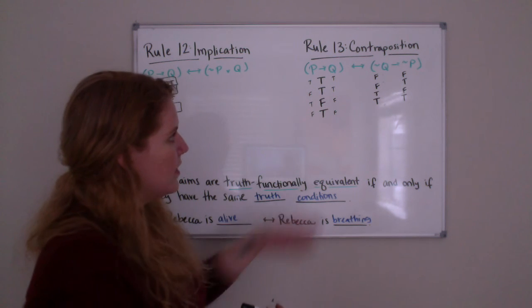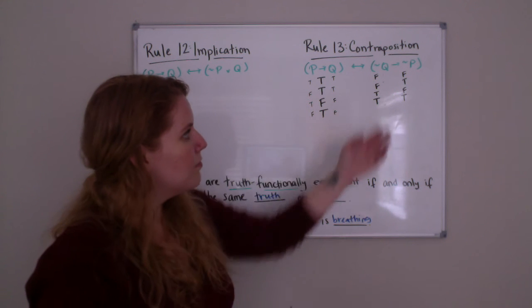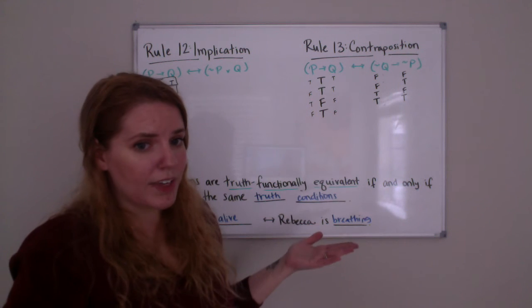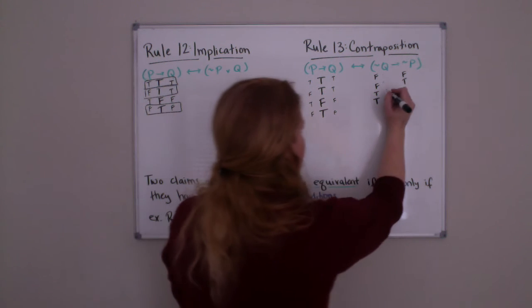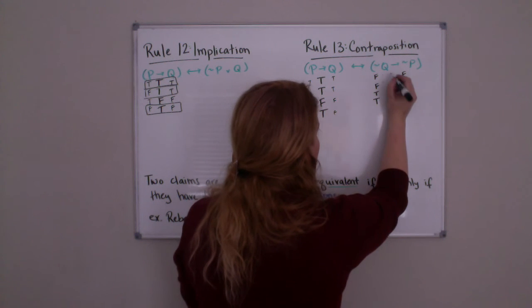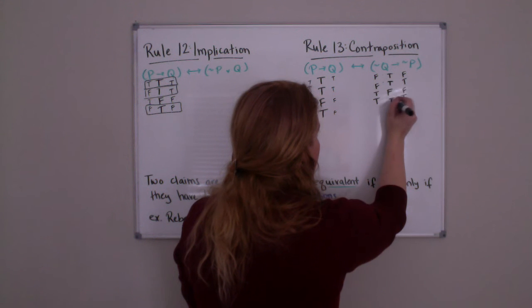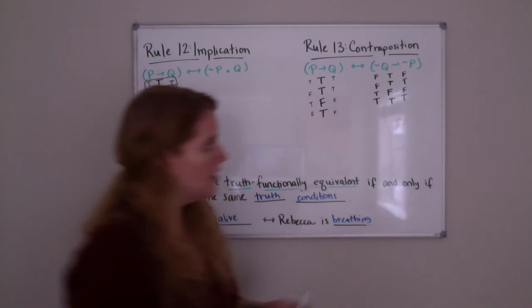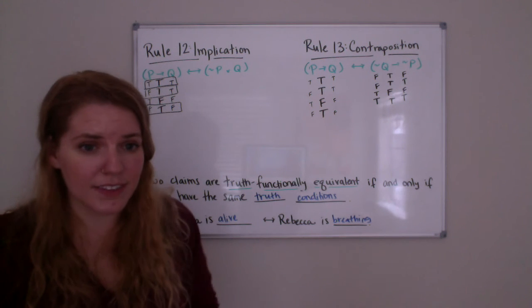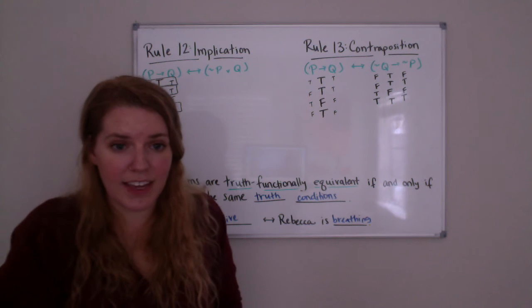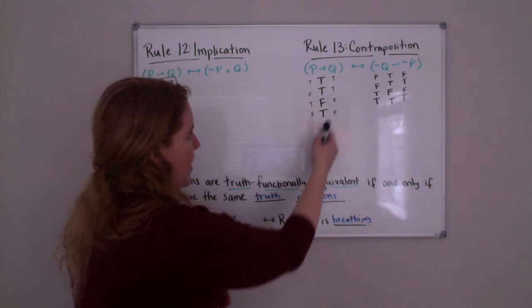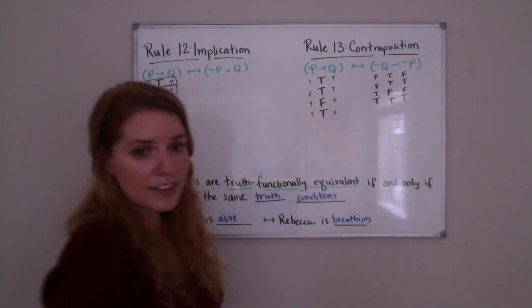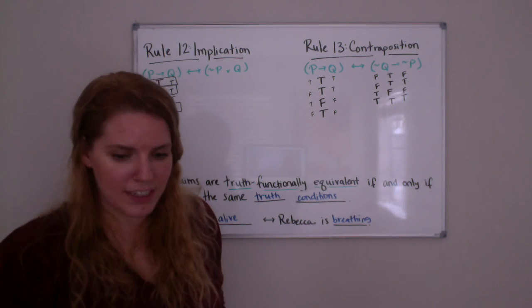So in this situation, which row in our truth table do we have a false conditional? It's still in the third row. It's still only false when the antecedent is true, but the consequent is false. That was always the case for any conditional. So they have the same truth table, TTFT, TTFT. They're truth functionally equivalent.